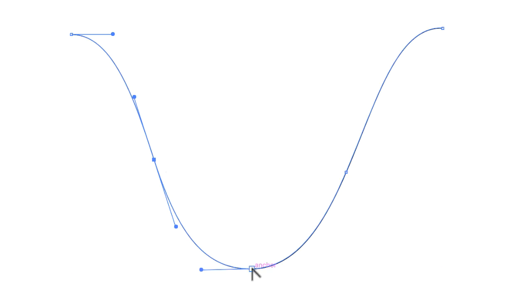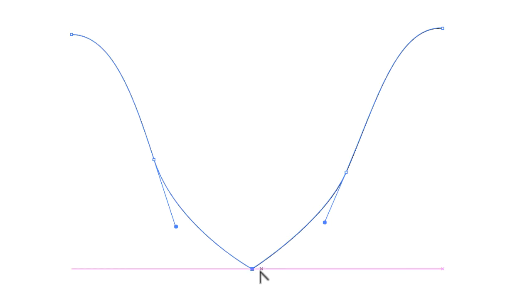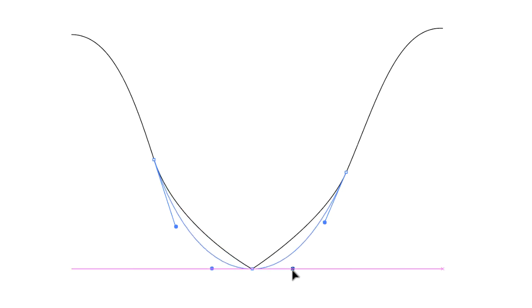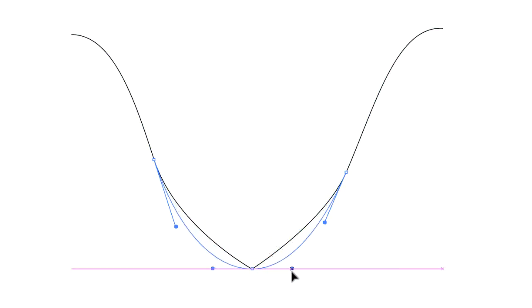Let's come down to this very bottom nice curve here with the Anchor Point tool, and if I click on it once, it made that curve into a sharp angle. Okay, so I have a sharp angle. Now I can hover over that sharp angle, click, hold, and drag, and it'll change a sharp angle into a curve.